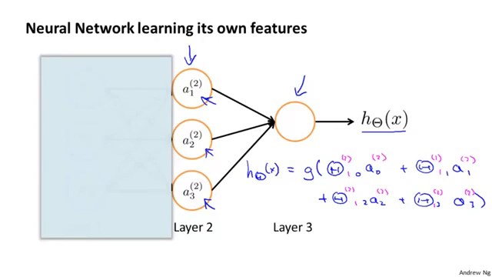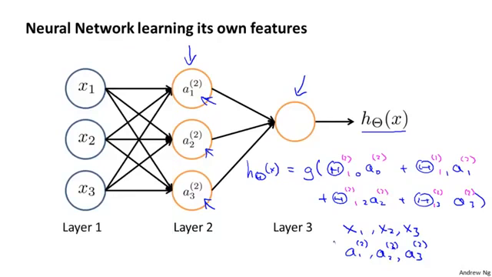Just to say that again, what this neural network is doing is just like logistic regression, except that rather than using the original features x1, x2, x3, it is using these new features a1, a2, a3. Again, you could put the superscripts there to be consistent with the notation. And the cool thing about this is that the features a1, a2, a3 themselves are learned as functions of the input.